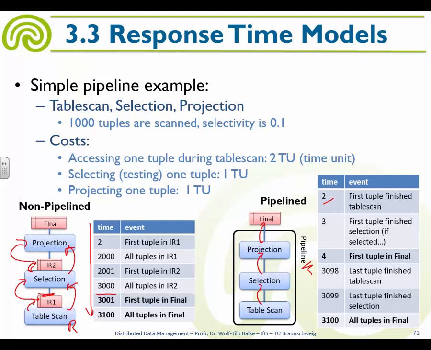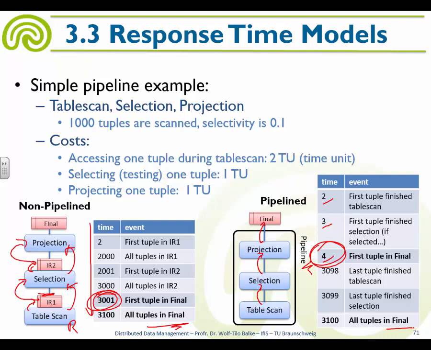So at time 2, the first tuple finished the table scan. At time 3, the first tuple finished the selection. At time 4, it went through the projection and is in final. So in the sequential case at 3001 the first tuple is in final, in the pipeline at 4 the first tuple is in final, right?